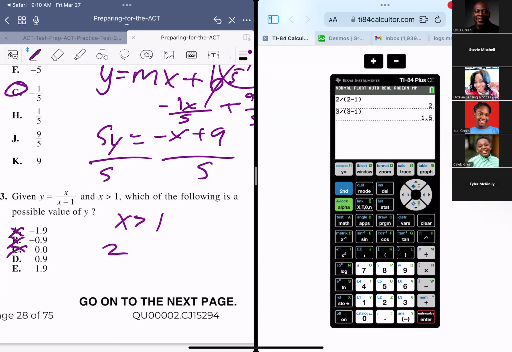So now you're in between 1.9 and 0.9. Let's see. Can y get that small? Let's see. Because I think it's just going to get closer and closer to 1, but I don't think it's going to pass 1.